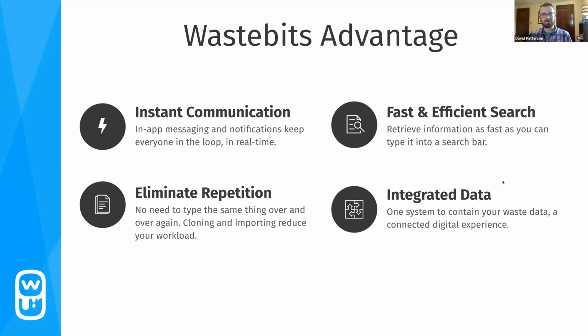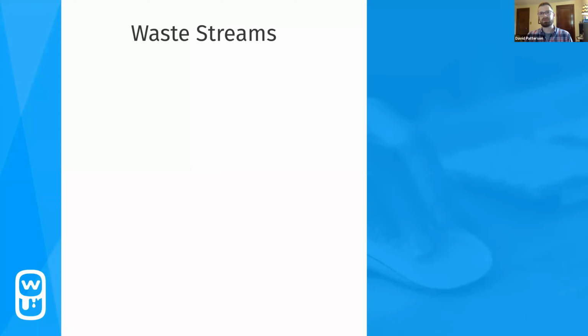We can do a hub and spoke model. Sometimes we're the hub, sometimes other programs are, but we do have a customer-facing API. This is a little techie, but it would allow you to build whatever you really needed in terms of a push-pull exchange between the Wastebits system and anything else that you might be running in your facility.